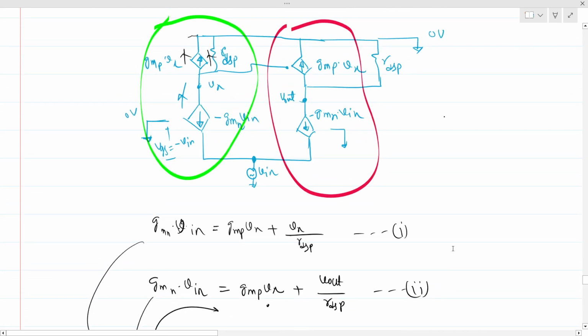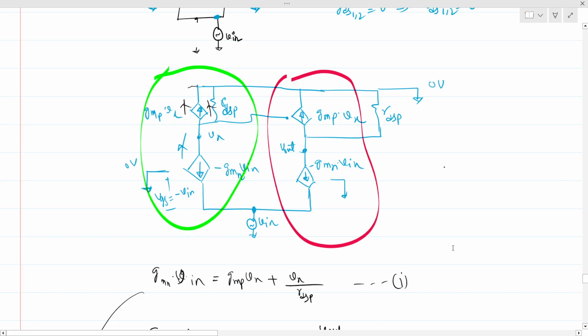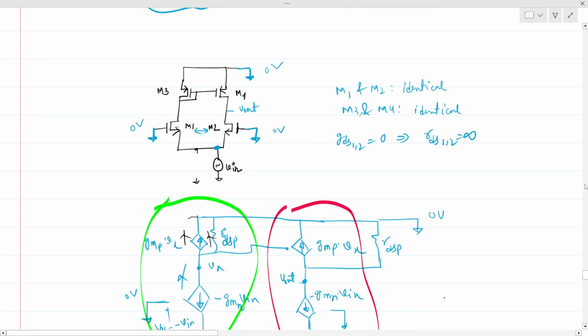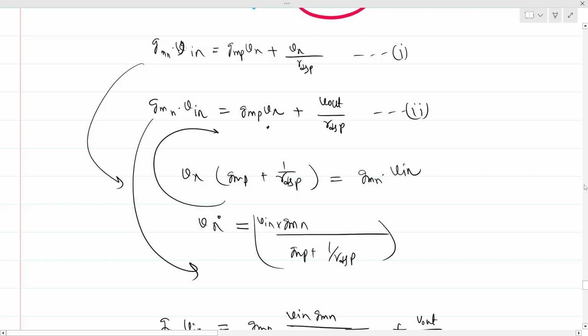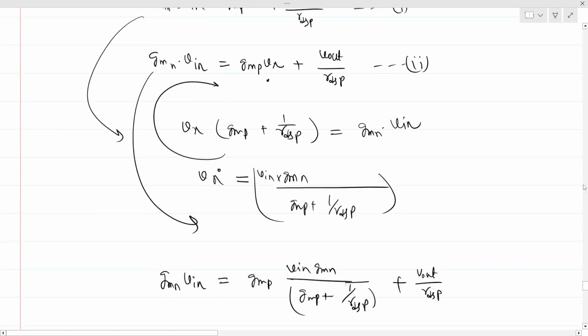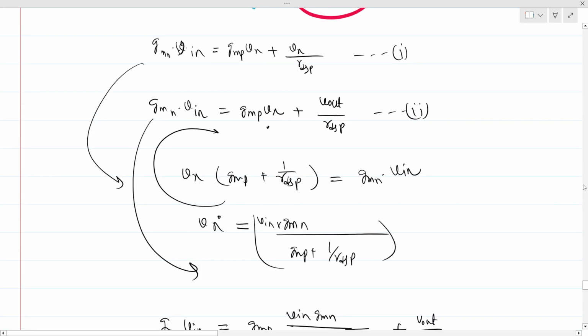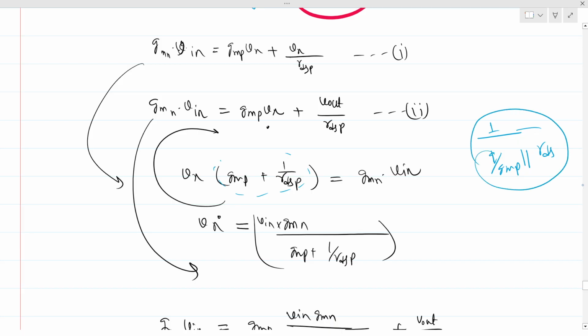Let me check here. gm V in equal to gmp Vx plus, okay, so let's write that version as 1 over gmp parallel rds, okay? We can write this term.